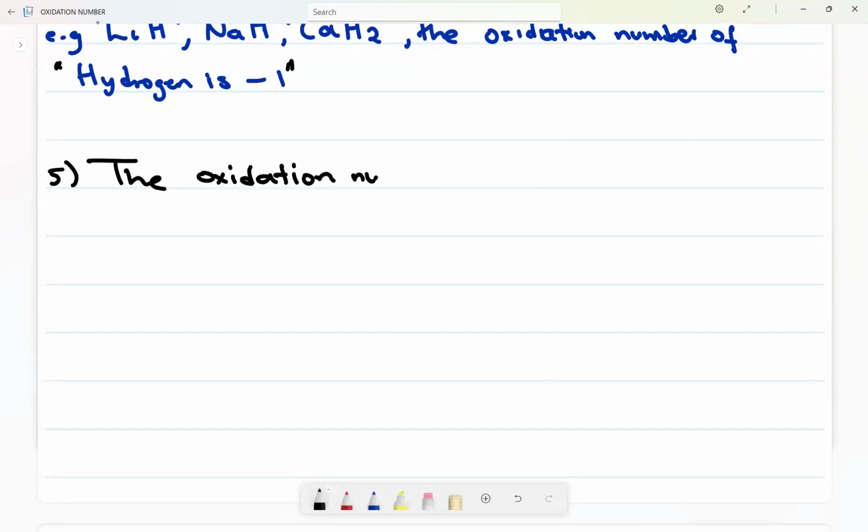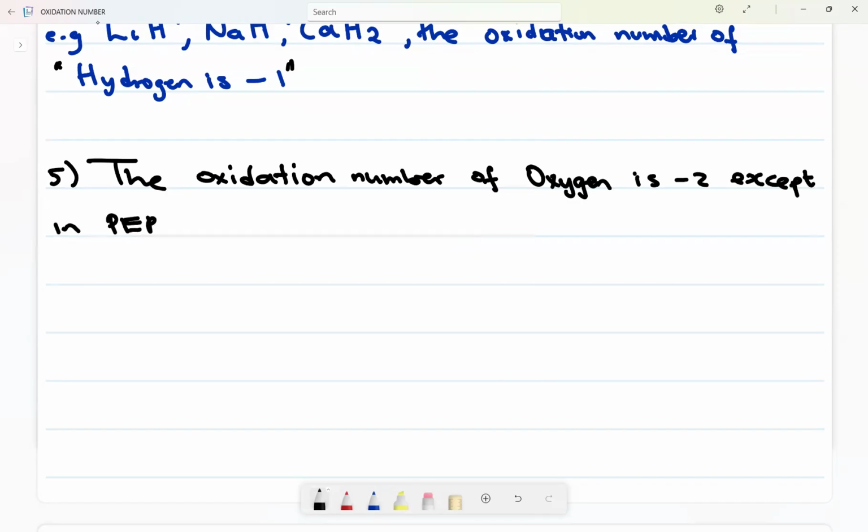The oxidation number of oxygen is -2, except in peroxide. Except in peroxide. What do you mean in peroxide? It's peroxide such as hydrogen peroxide, like this.